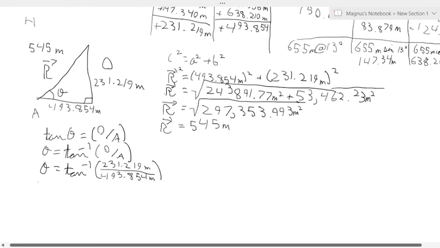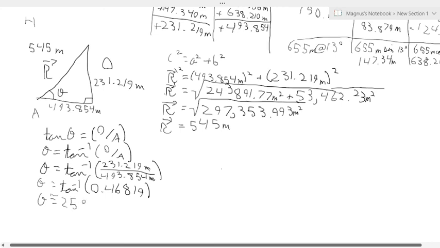Okay, theta is equal to the arctangent. Let's see. This is going to be 0.46819. And again, meters cancels, so we don't have to worry about units. Plus, it's going to be an angle. So when we take the arctangent of this, it is going to be equal to approximately 25 degrees.